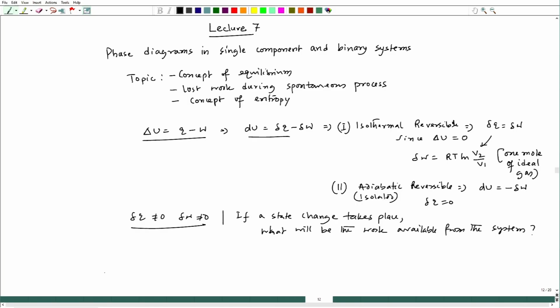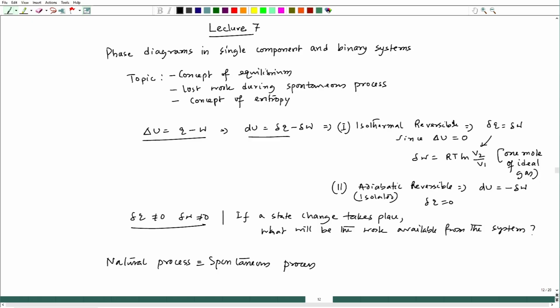So, the natural process, or we can talk about the spontaneous process, both are the same.